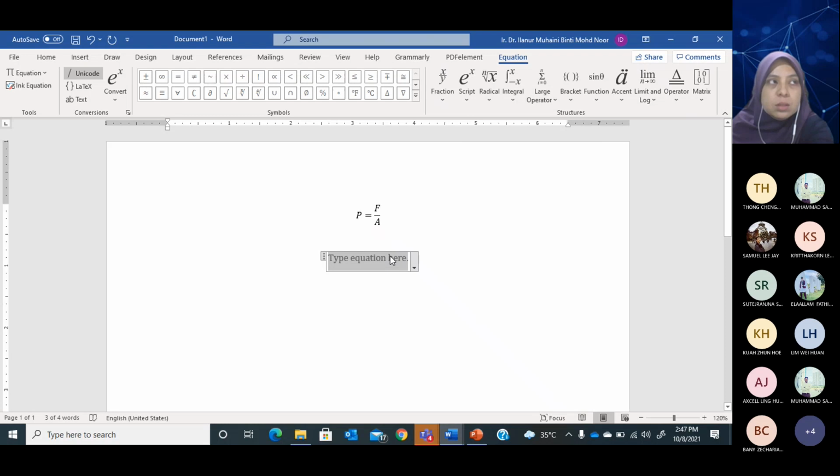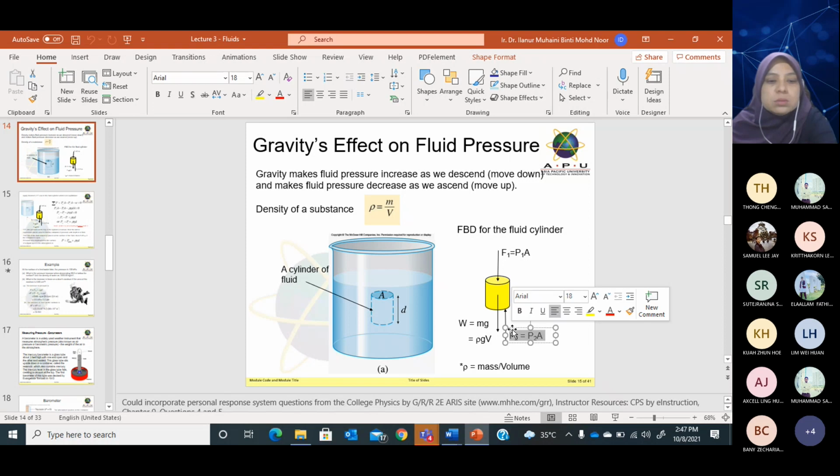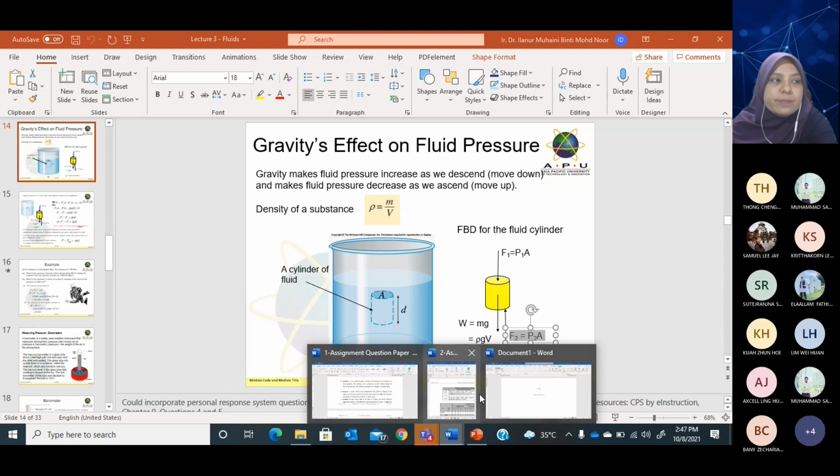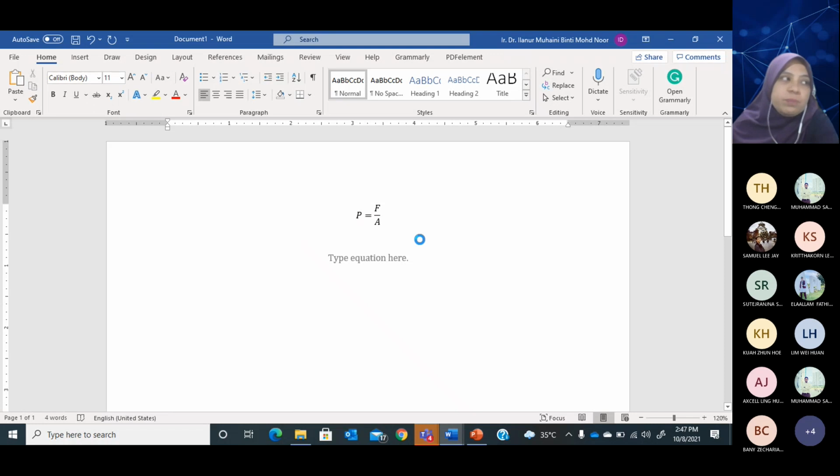Okay. If you copy from somewhere, let's say you copy this one. If copy from Word, still okay. Sometimes copy from PDF, then it will be different font, you see.